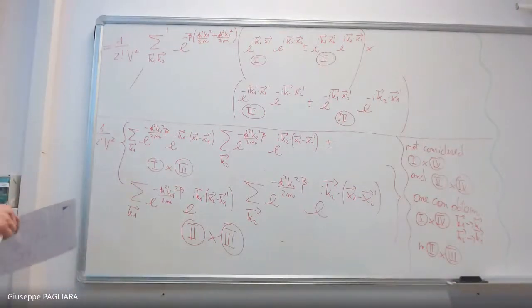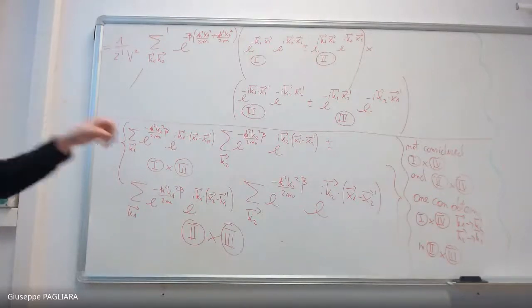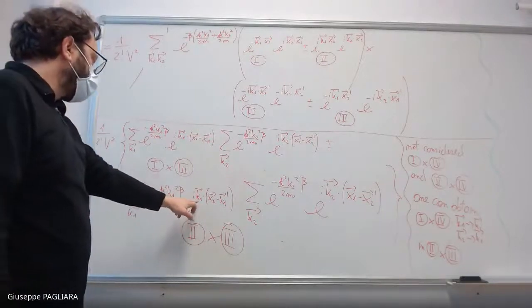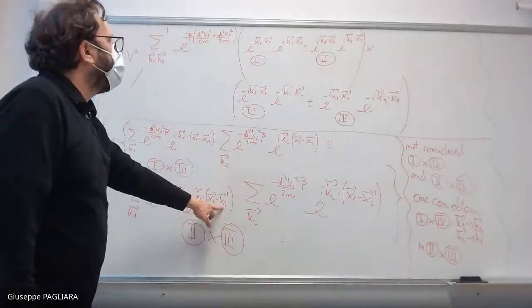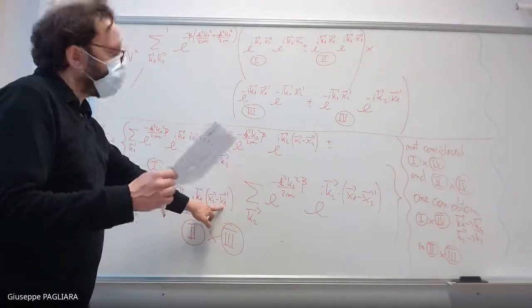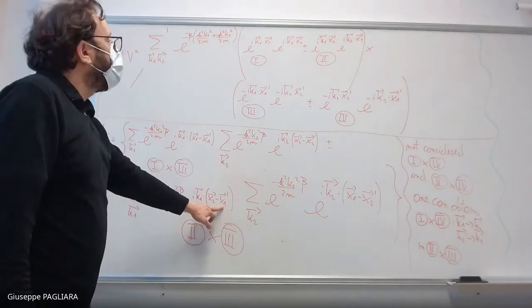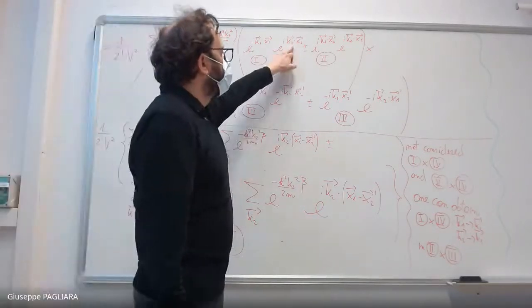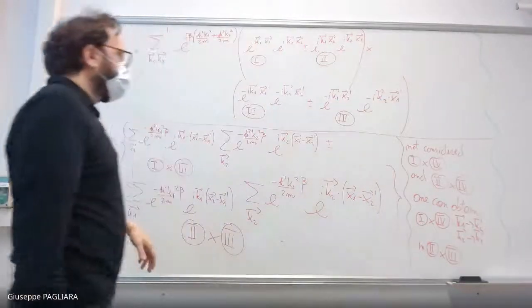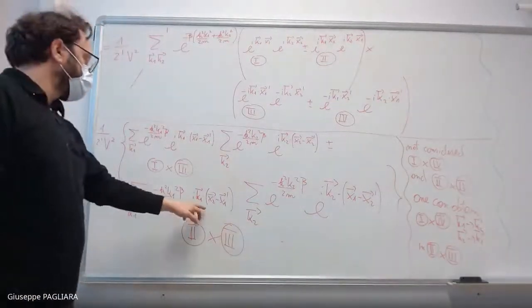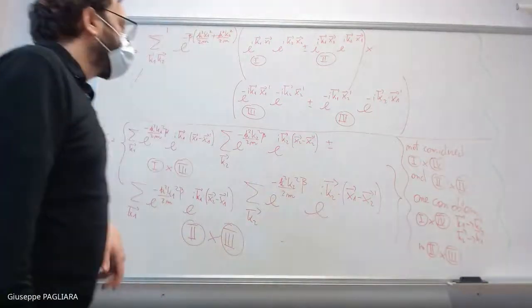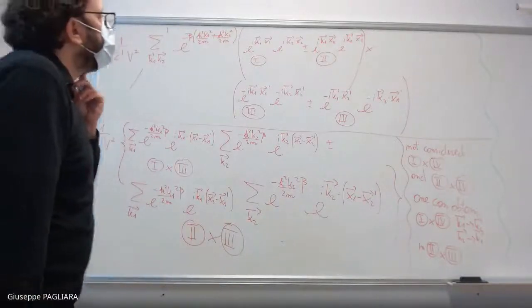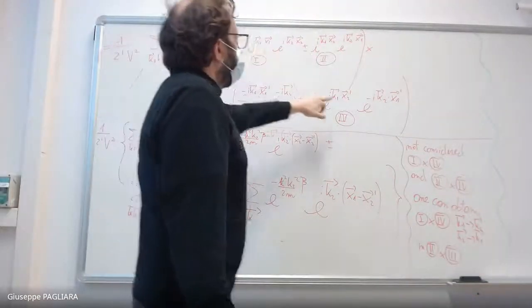I should be correct because I have tried to do it yesterday again. So in 2 cross 3, which is this term here, if I substitute K1 with K2, I should have a K2 x2 minus x1 prime, and that should correspond to the product of 1 and 4. Well, also for the other case, this will be K1 x1 minus x2 prime.